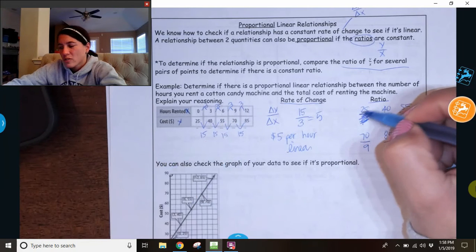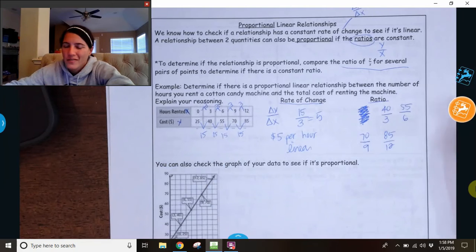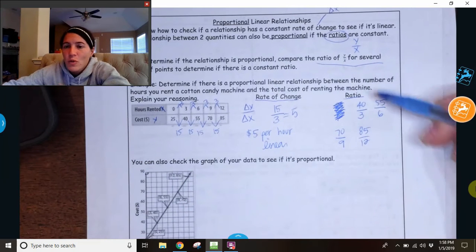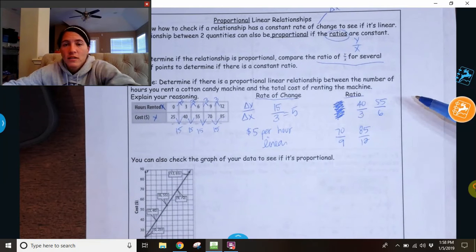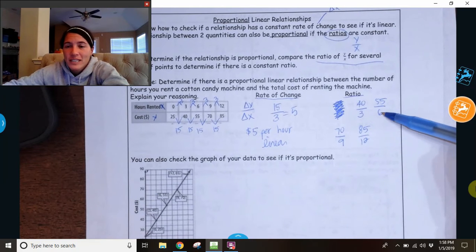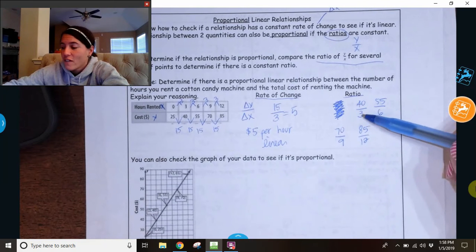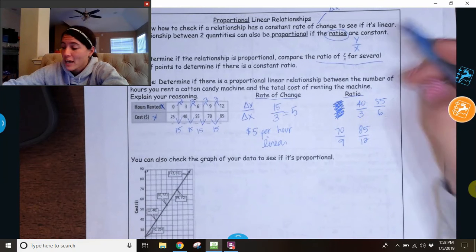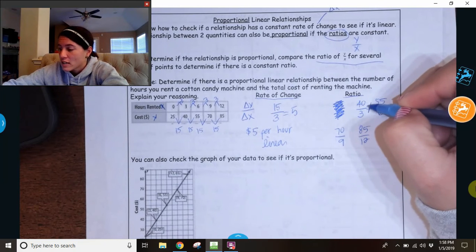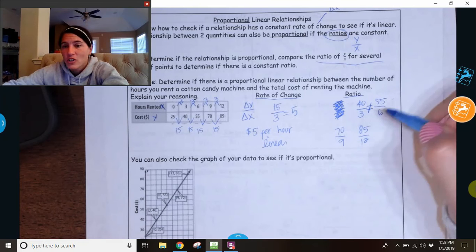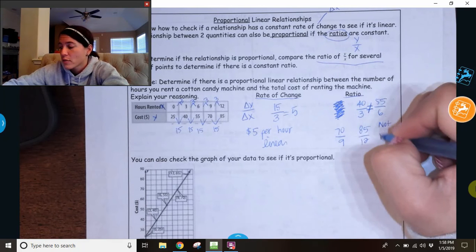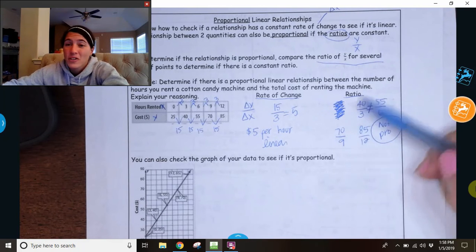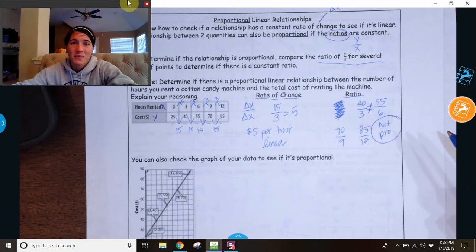And you don't want to start with that first one because you can't divide by 0. So if you are looking at this, this one's kind of easy to check. 3 times 2 is 6. And so if these were equivalent, if these were equal, 3 times 2 is 6, 40 times 2 would be 80. And so these are not equivalent. And then you could do the same thing. So is it proportional? And the answer is not proportional because my ratios are not equal either.